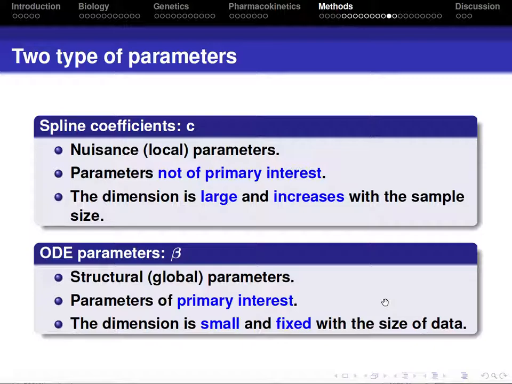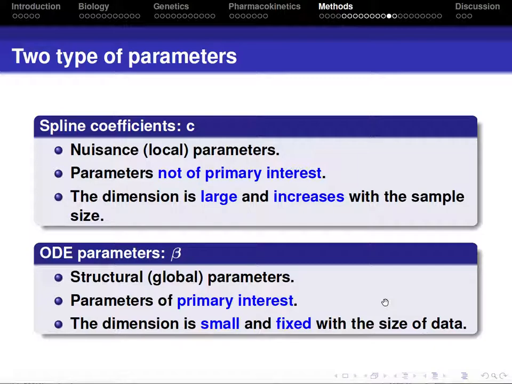The other type of parameters are the ODE parameters. The ODE parameters are called structural parameters because they are of primary interest. We also call them global parameters because these parameters are decided by the whole process, not just a local area.